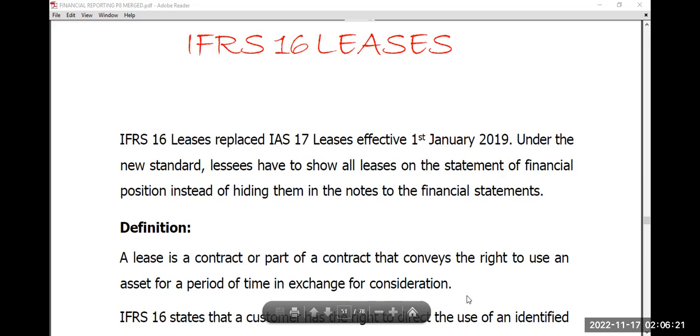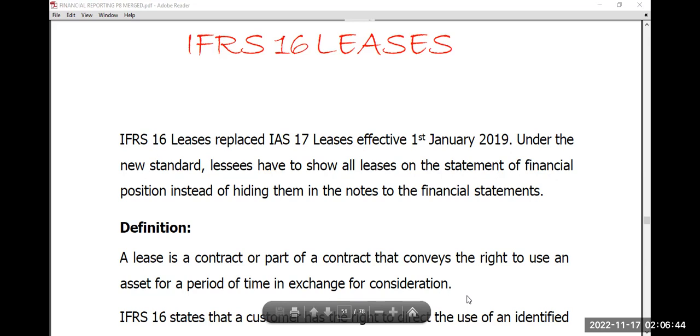So basically, if you are to have any trial number, make sure it is above 1st January 2019, because the previous computations or questions were based on IAS 17, which was replaced.